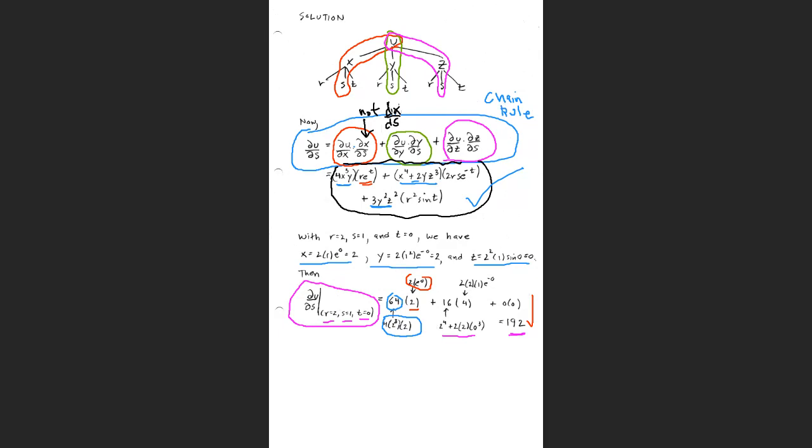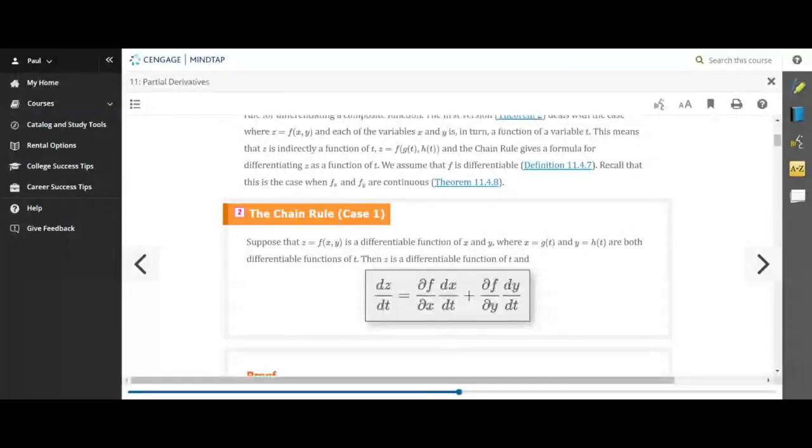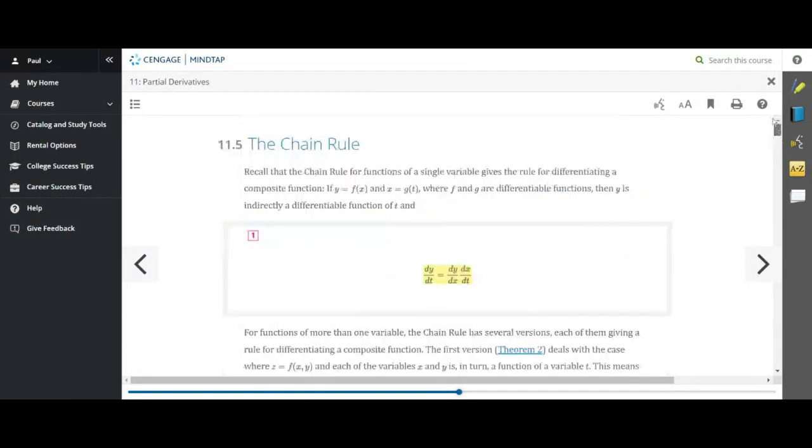I'll show you just a few things here in the ebook. Section 11.5 is the chain rule for functions of multiple variables.